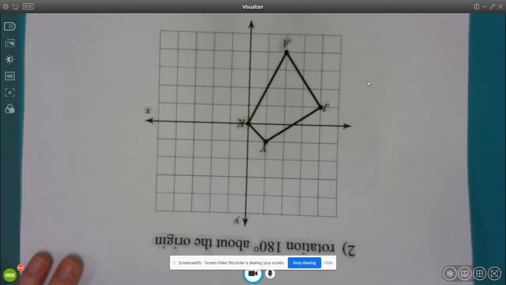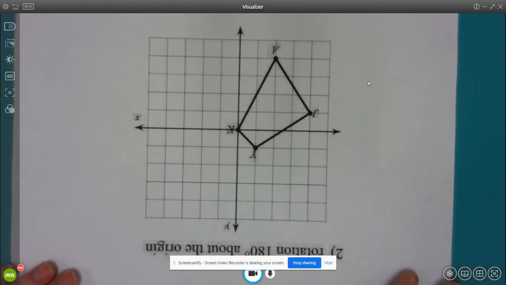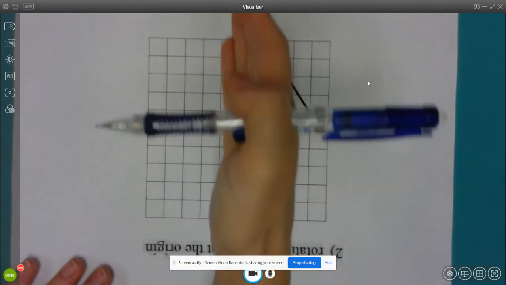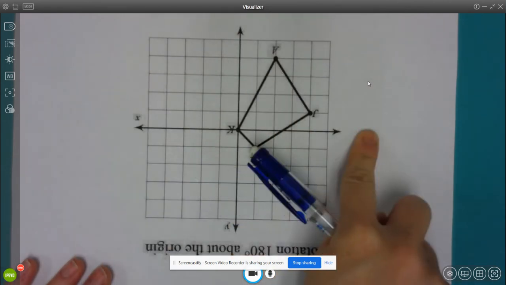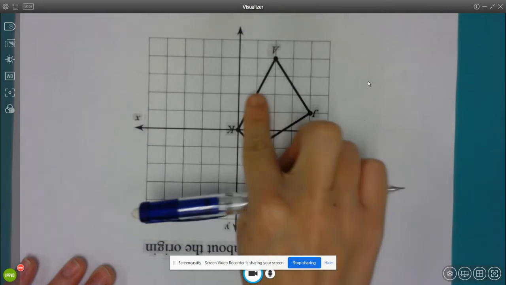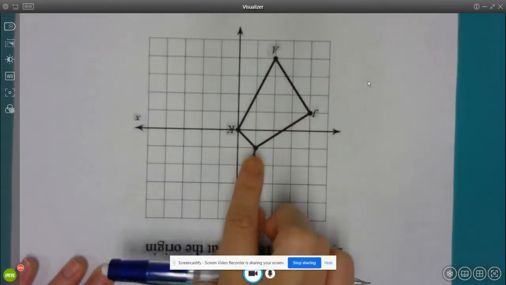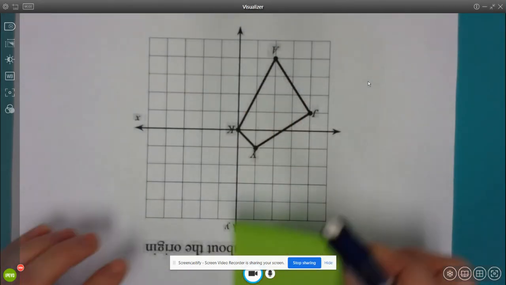So if you look at what your image should look like, my new figure should land, if this is now my new coordinate grid, mostly in quadrant 1 and partly in quadrant 4.